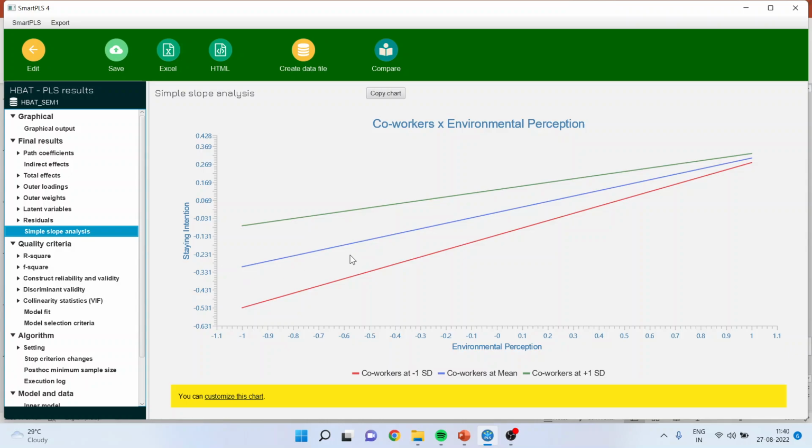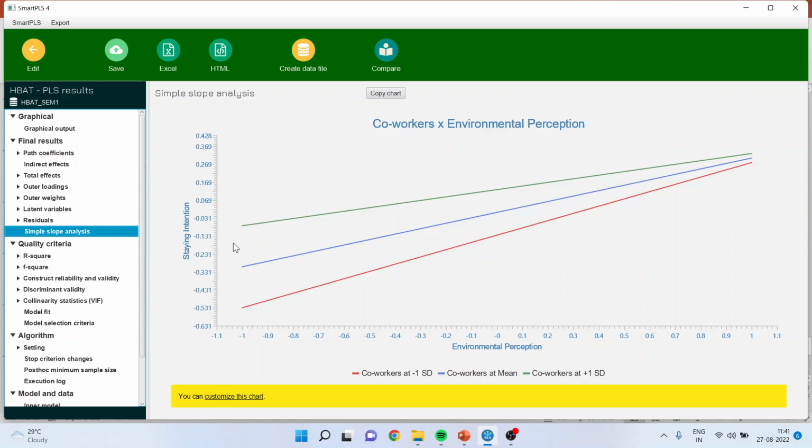I again repeat, when the behavior of co-worker is one standard deviation less, you can see this red line, the relationship becomes more positive. When we increase the behavior of co-worker by one standard deviation, then this relationship becomes less positive.